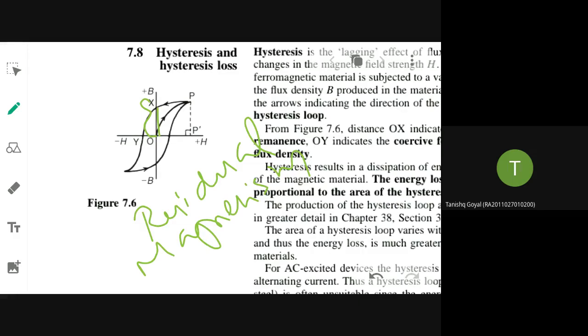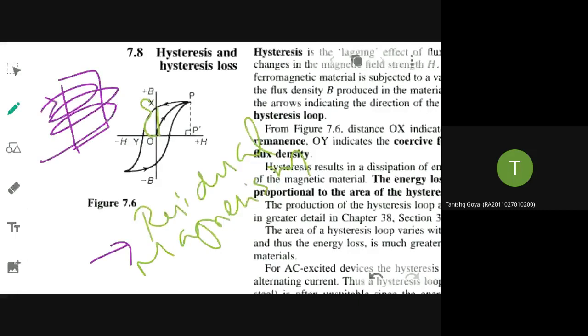That is called residual magnetism. See, you take the same specimen, you wind the coil, you are not passing current yet. Still that setup will exhibit a very small amount of magnetism, because of the magnetic property that is left over. So that will be called what?